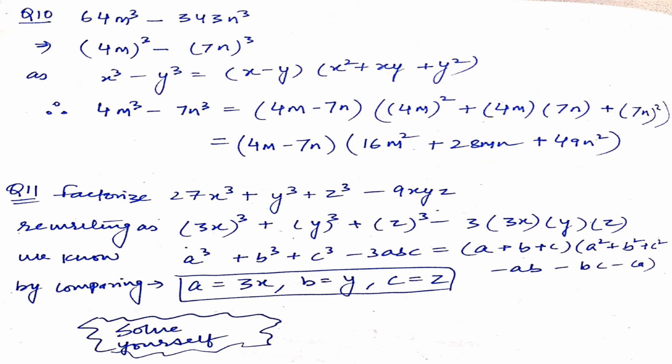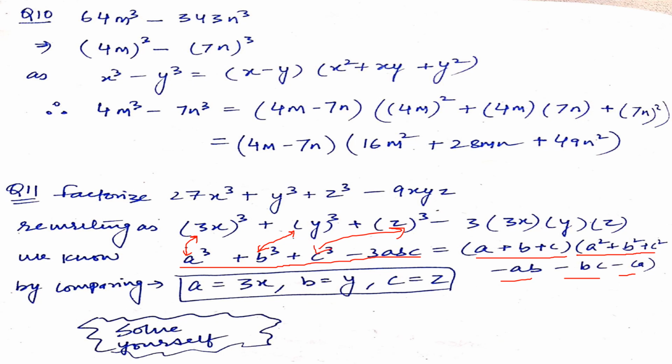Now, the formula I have written over here, a cube plus b cube plus c cube minus 3abc is equal to a plus b plus c bracket close, a square plus b square plus c square minus ab minus bc minus ca. Now compare the question and the formula. We can say a is same as 3x, b is same as y and c is same as z.